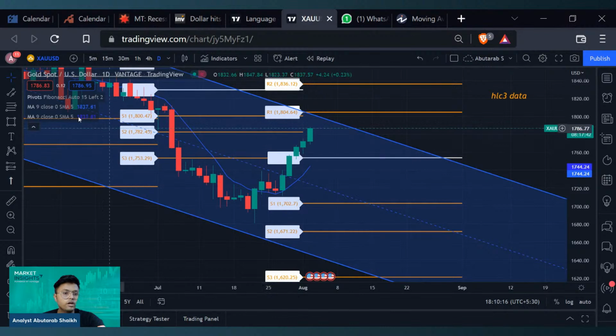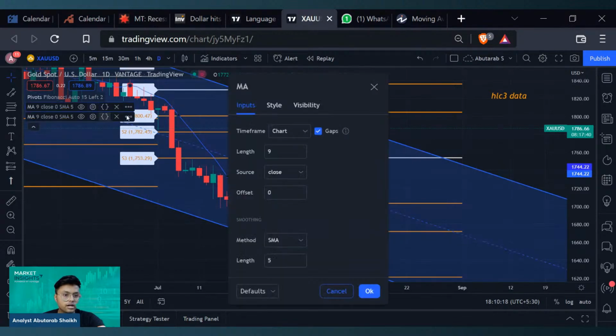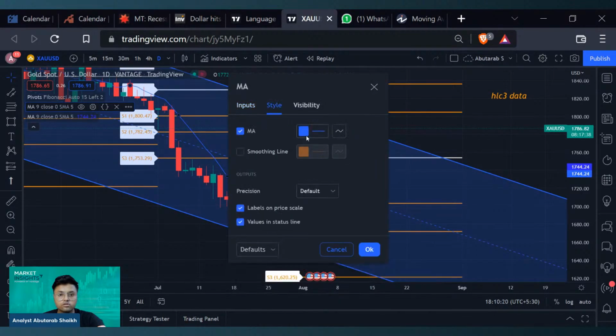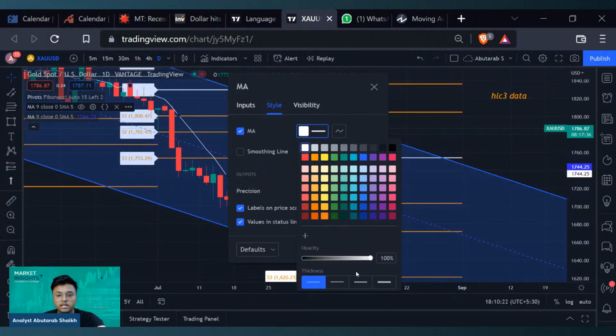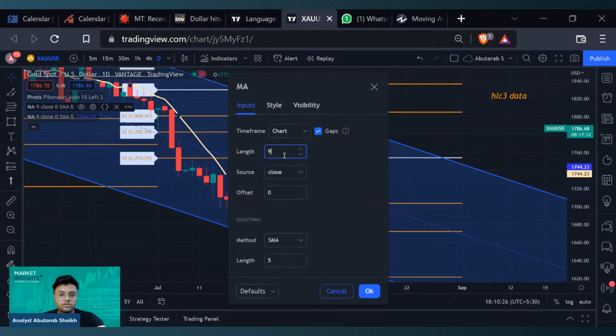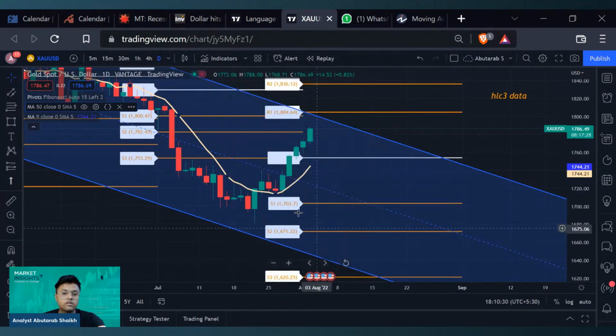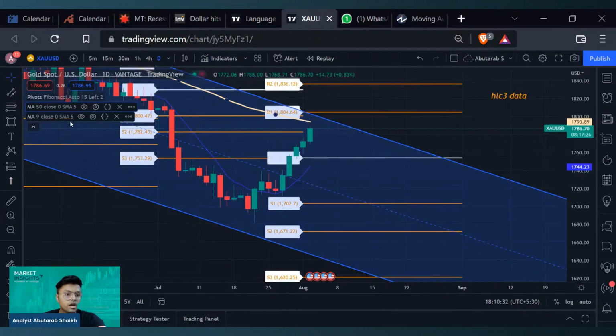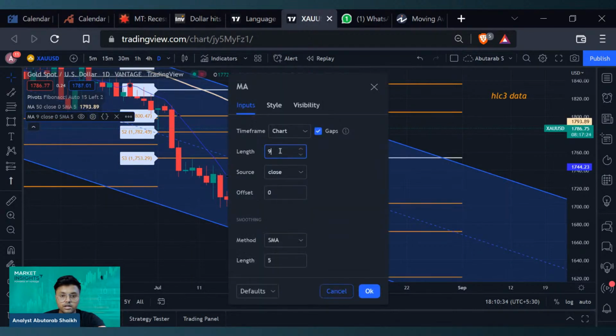So now where do I take a trade, sir? How to take a trade in this situation? You have drawn so many things, I am barely able to see anything. Okay, so this is the first MA. I'm keeping it at 50, a length of 50 for the moving average. Another, I will keep as 20.